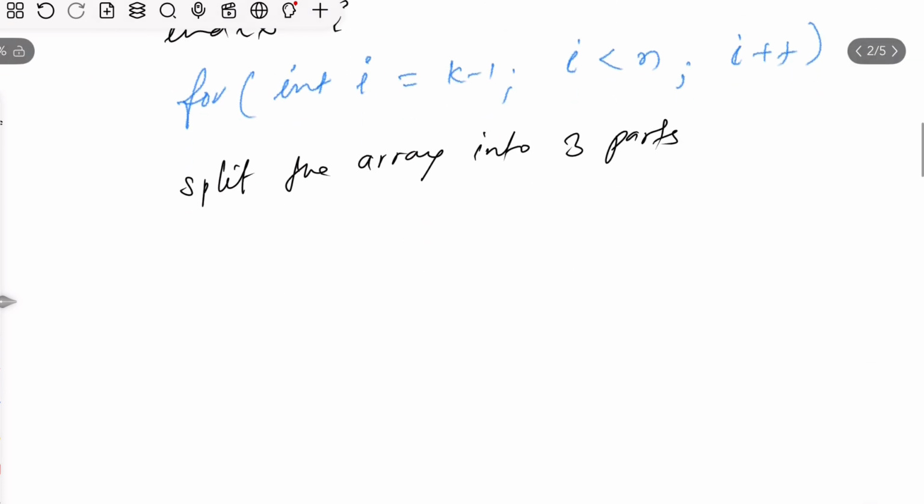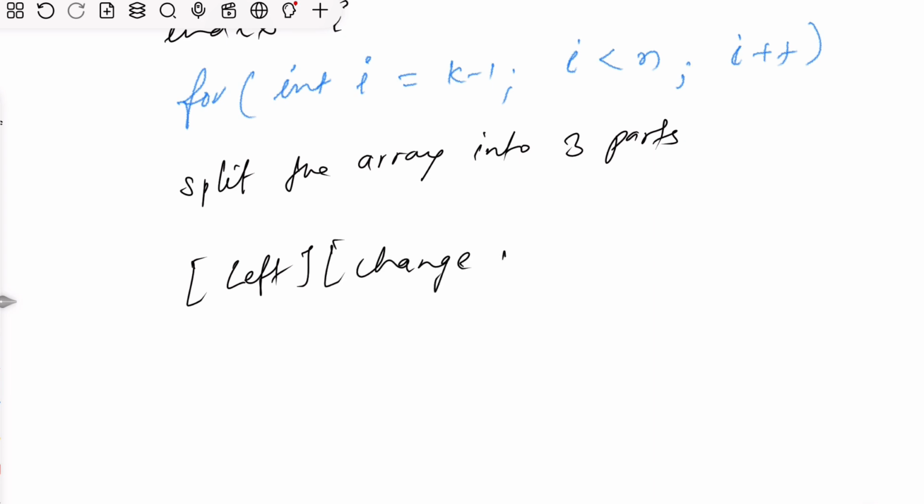The very first will be the left part. Then there will be a change part, we can say, right? So the change part is nothing but the change window. We will keep changing it, and there will be the right part. This is what we do in the sliding window, right?